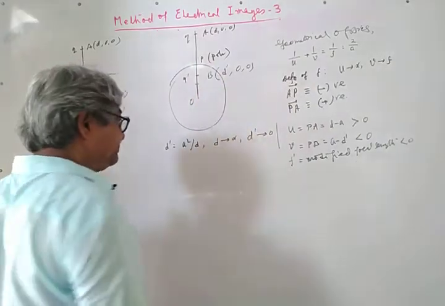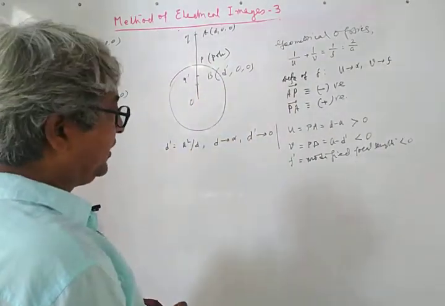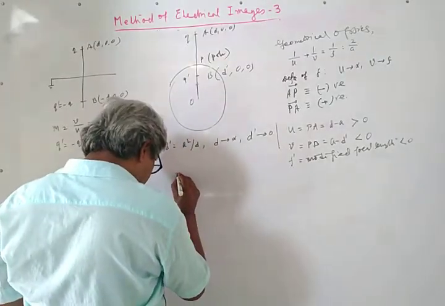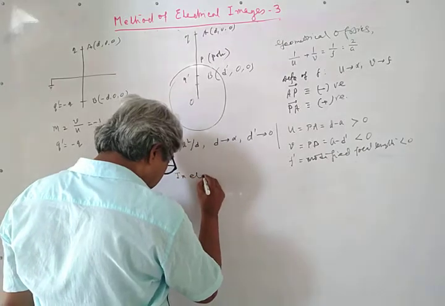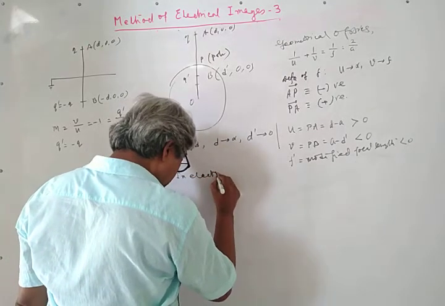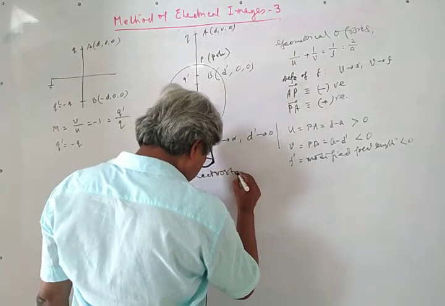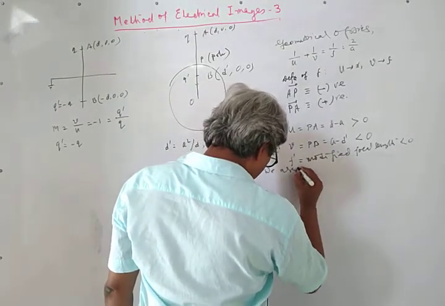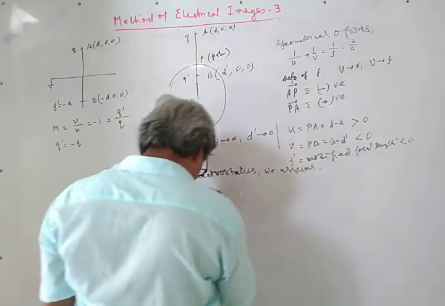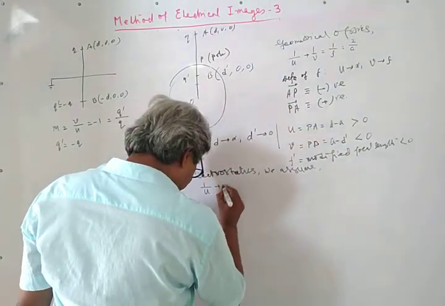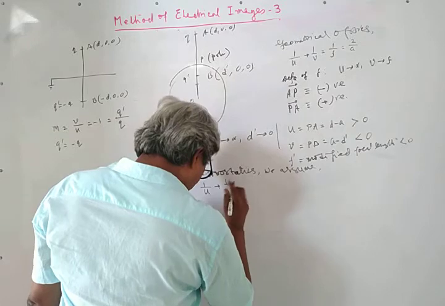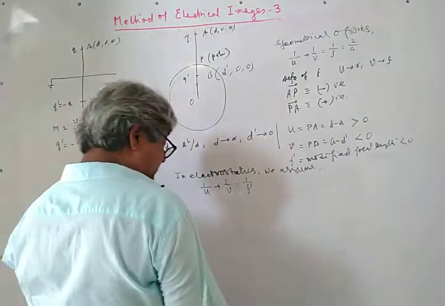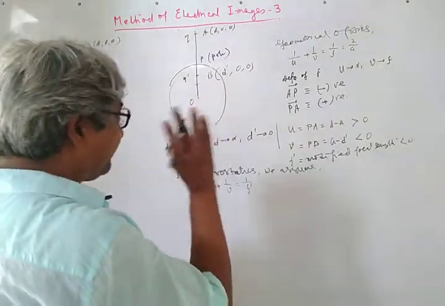So in electrostatics, we assume the mirror formula to be 1 by U plus 1 by V is equal to 1 by F prime. This F prime is different from the geometrical optics one.